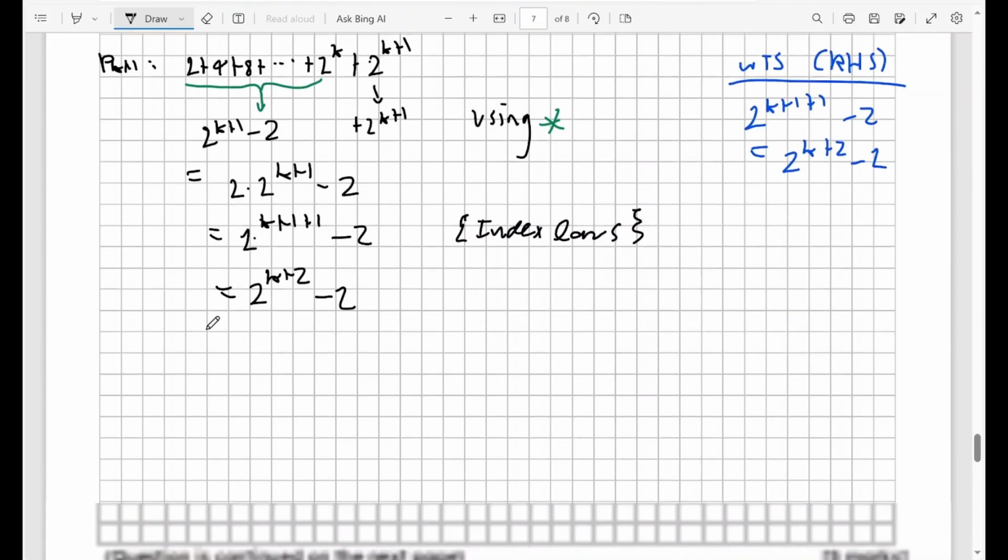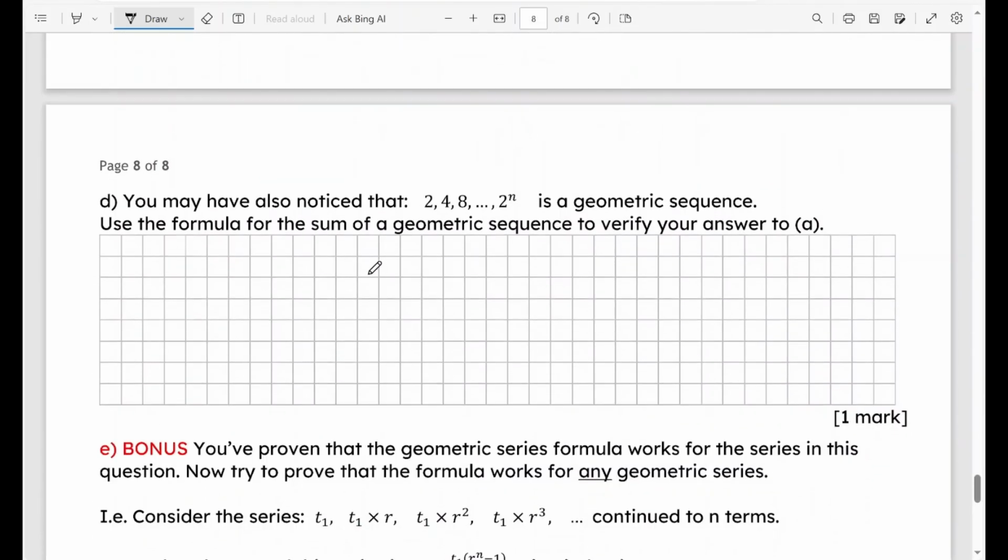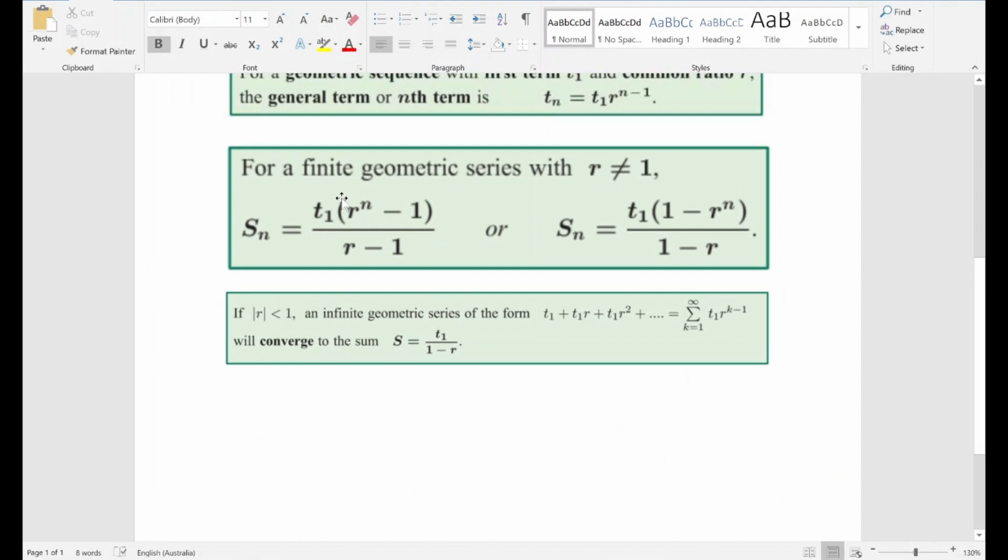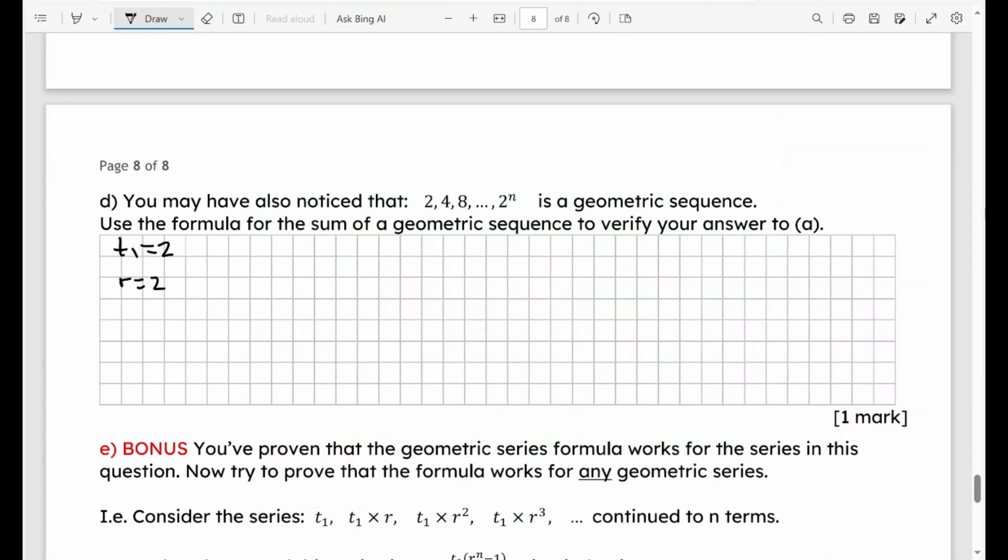Good. All right, next bit we have on this question is, you may have noticed it's a geometric sequence. So here we have T1 being 2 and R is also 2. So here's a formula for geometric sequence. This will be on our formula sheet here. We use this one. Sn equals T1 R to the n take 1 over R take 1.